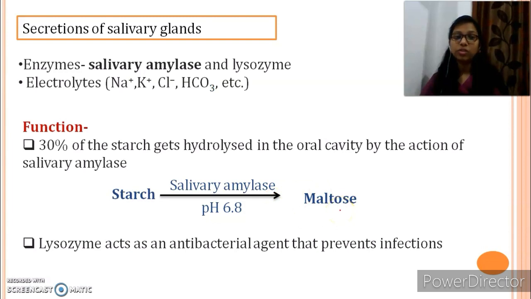Though maltose is not the simplest form of starch and maltose will break down further, this first initial breakdown of starch happens in the oral cavity with the action of salivary amylase. And lysozyme is an antibacterial agent.